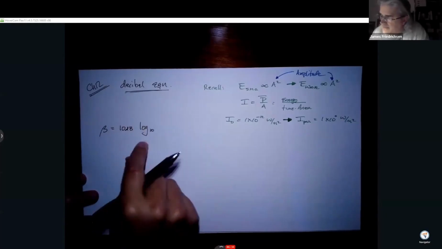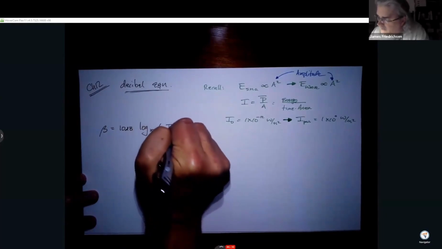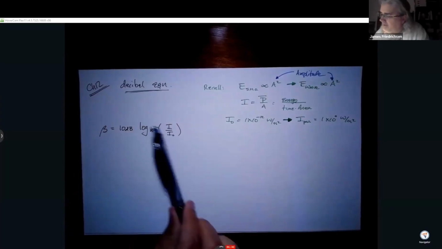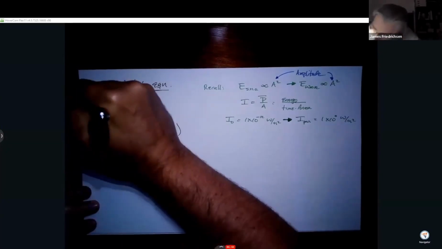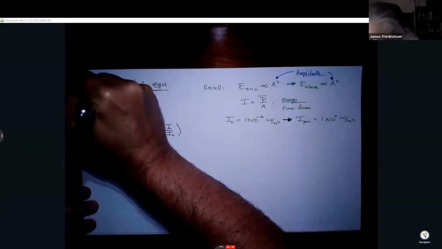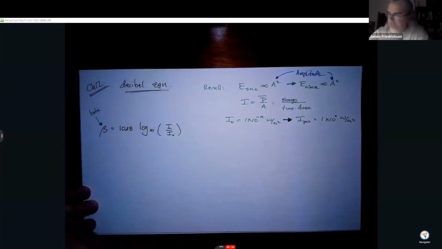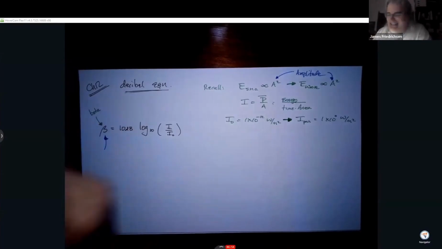Then we did the common logarithm, or the Briggsian log, of the intensity over that reference intensity, which is the threshold of hearing. So this letter is beta, lowercase one. This is what they refer to as the intensity level.